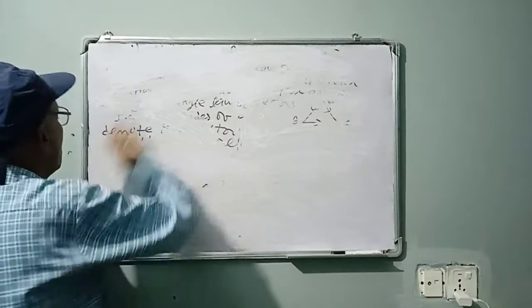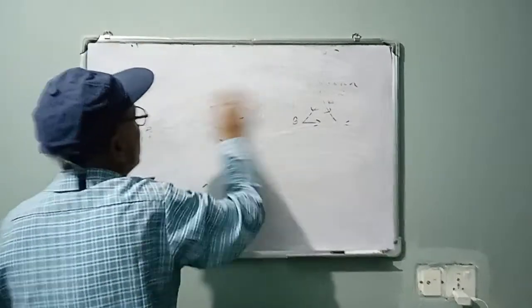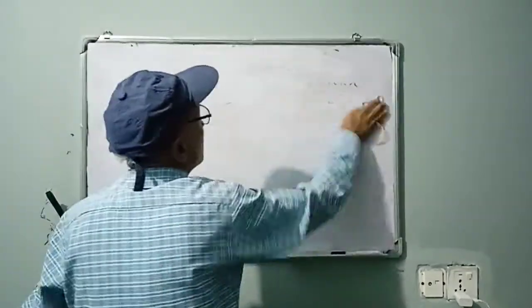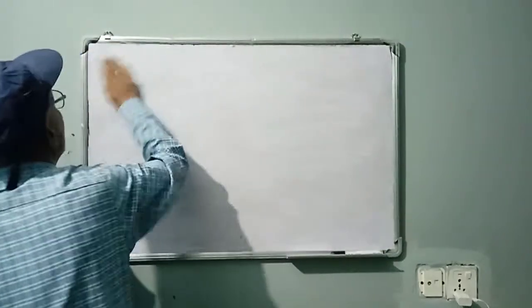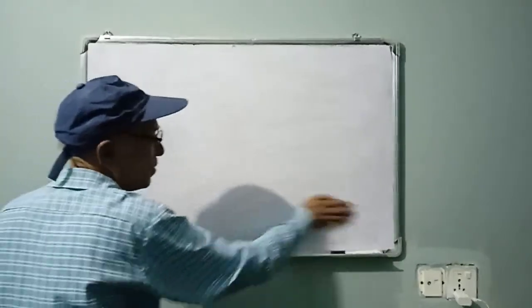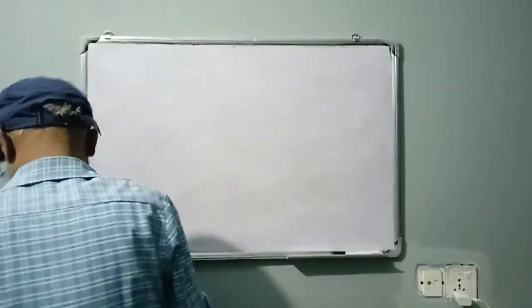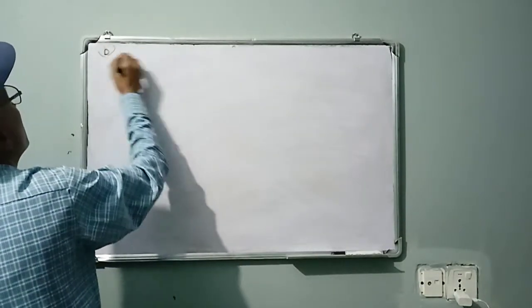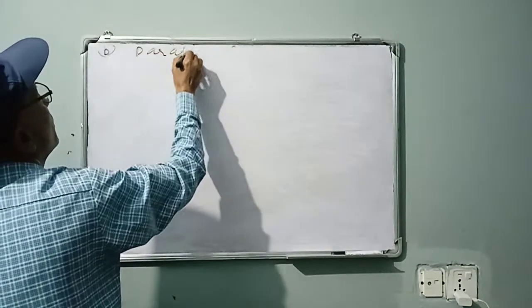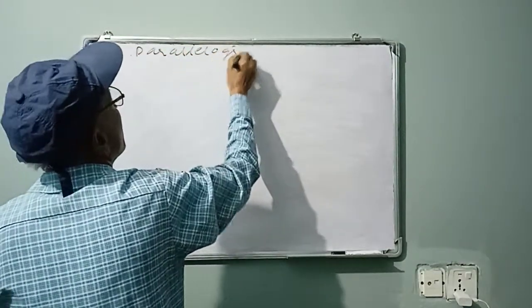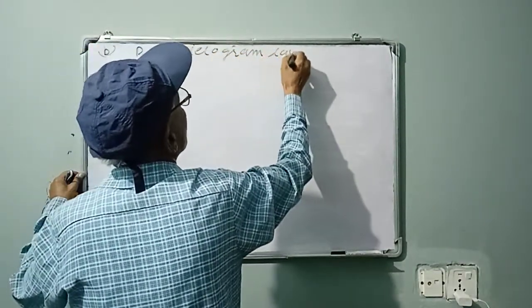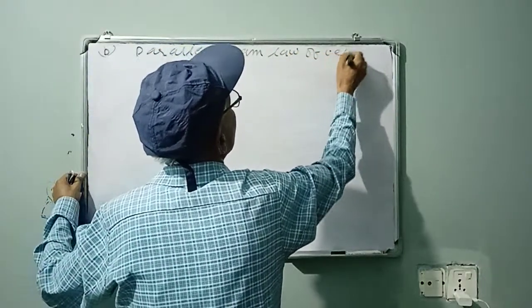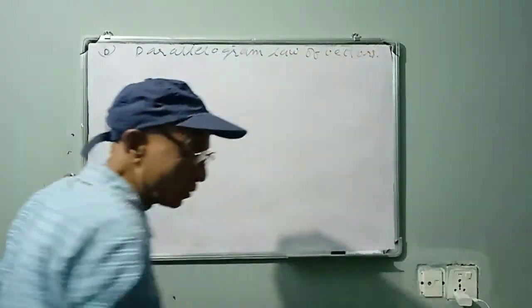B number, parallelogram law. Parallelogram law of vectors. How to denote it?